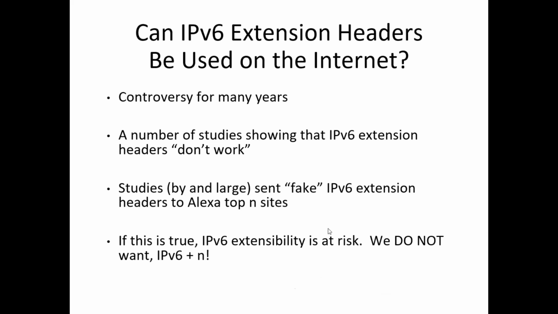And by and large, they sent fake extension headers. They crafted extension headers, so it was not real traffic. And our point of view is that if extension headers do not work, or we can't figure out why they don't work, then a major good point of IPv6, which is extensibility, is at risk.